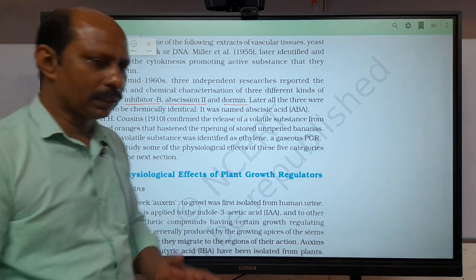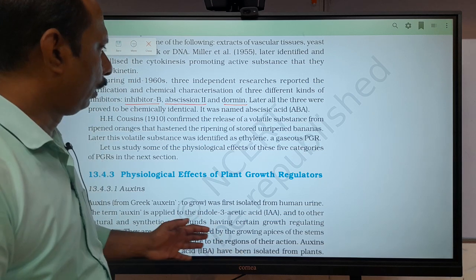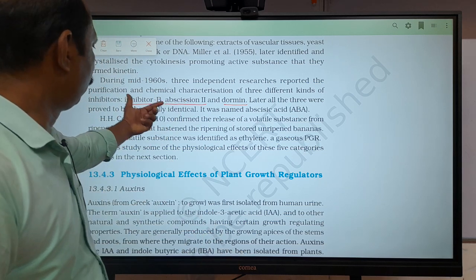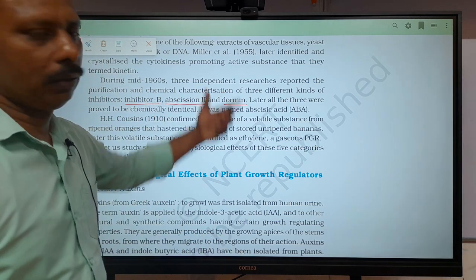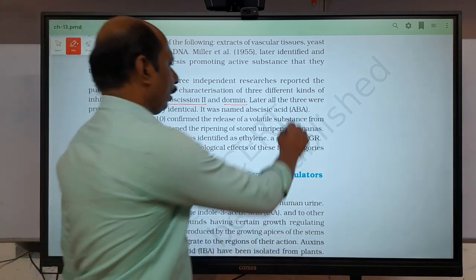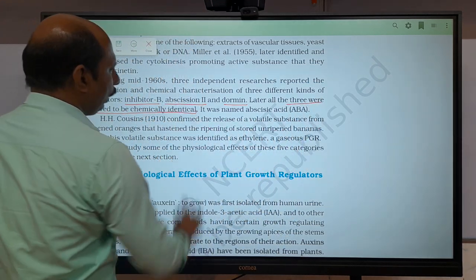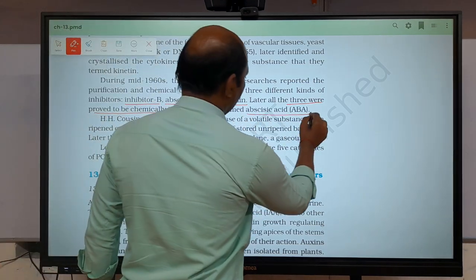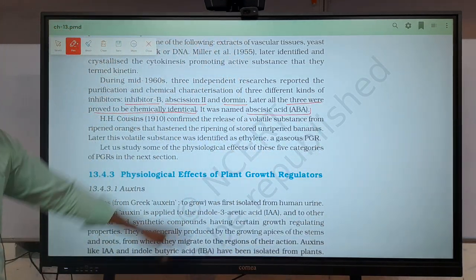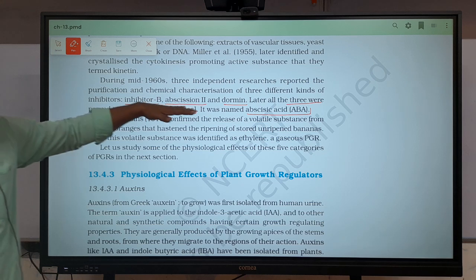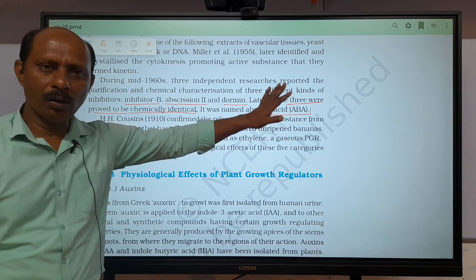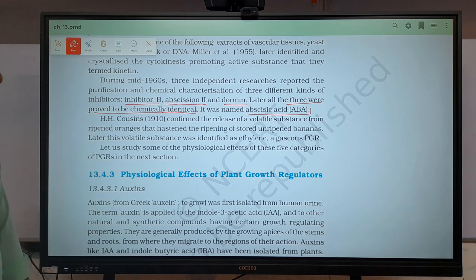Three different scientists in 3 different regions of the world purified these 3 chemicals, and later all 3 were proved to be chemically identical and the name abscisic acid was given, right. So initially they had different names, inhibitor B, abscission II and dormin, and finally only one name was given, abscisic acid. This is the plant inhibitor, right.